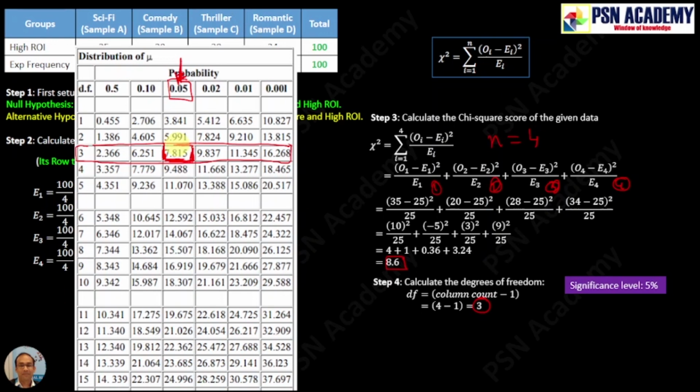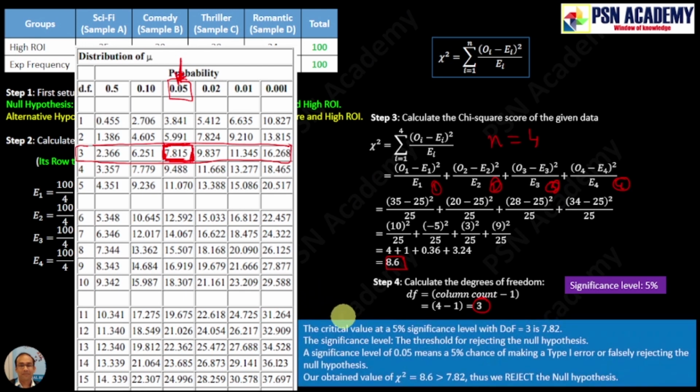So this one will be our required critical value, right? So the critical value for 5% significance level with DOF equal to 3 is 7.82. Okay, so I have rounded it up to 2 decimal places. So 7.815, so it is 7.82.